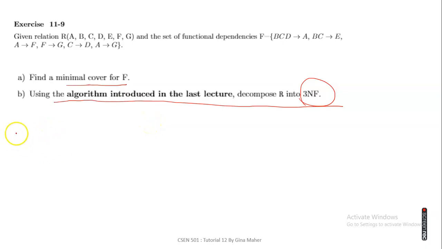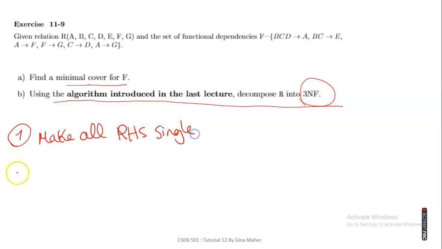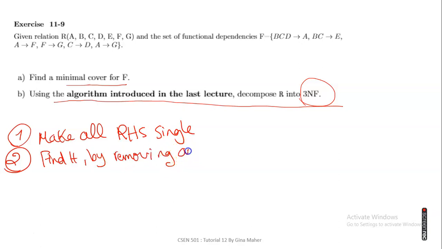First, make all right-hand sides single. Second, find H by removing any redundant FD, functional dependency.